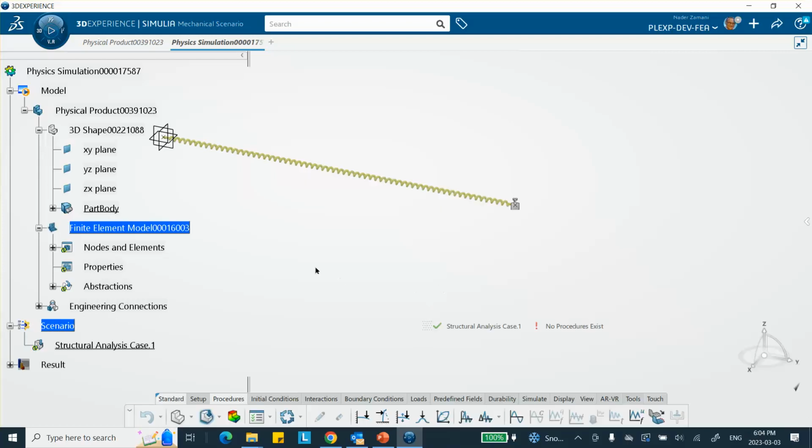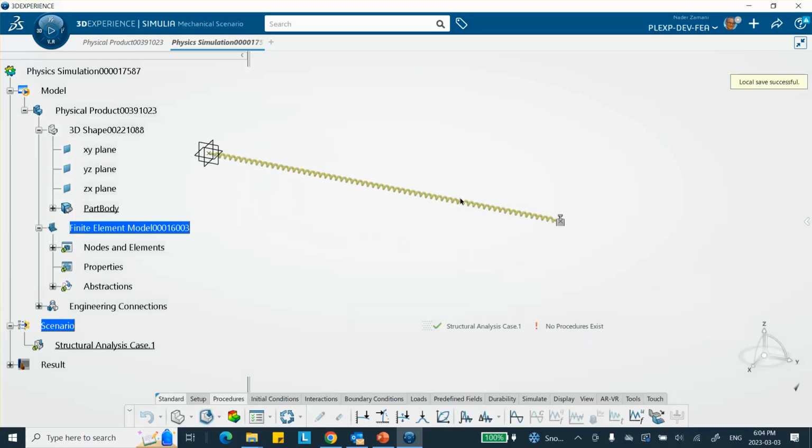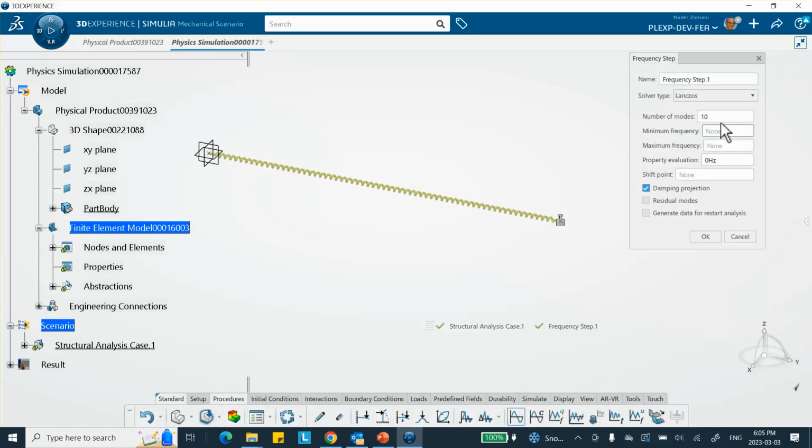All right. Now, I'm going to do a natural frequency calculation first. That's needed to do modal dynamics or steady state dynamics. So first thing, I'm going to select procedure. On the right hand side, you scroll down here, you select frequency step.